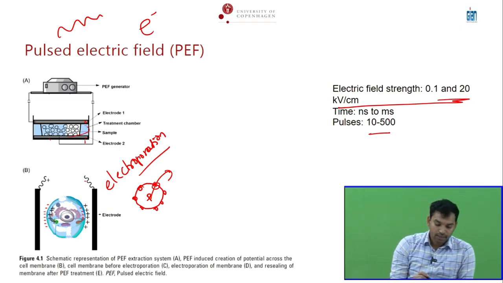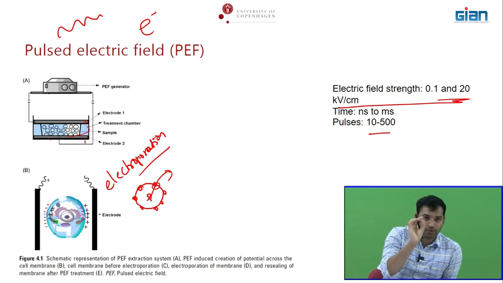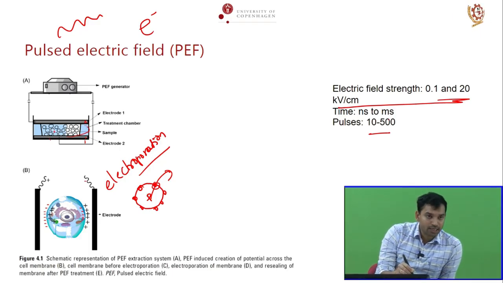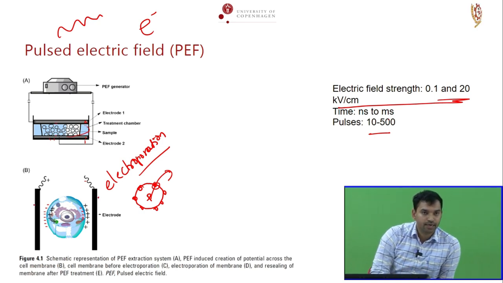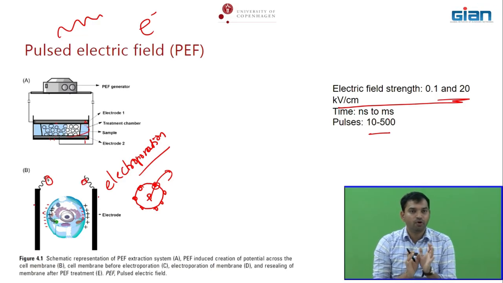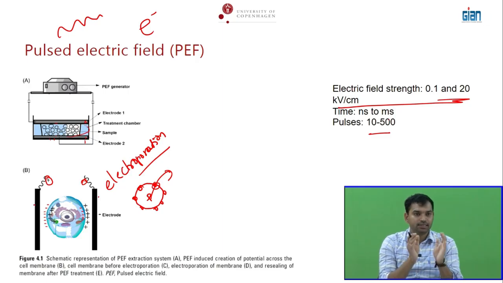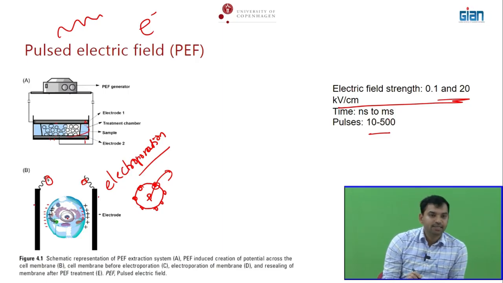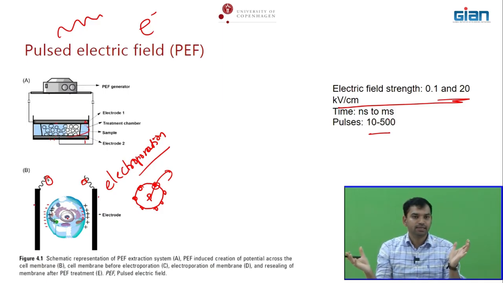All right. Now, how exactly that pore happens, I'll take only 30 seconds to explain to you. You put the sample, the biological cells, in between the electrodes, right? These are the two electrodes, right? When you apply the positive and negative voltage here, basically there is a formation of electrical charge layers. Inside the cells there will be a lot of ions, right? Some are positively charged, some are negatively charged.